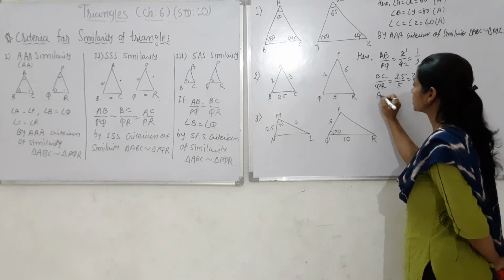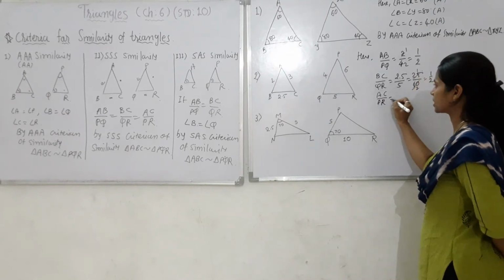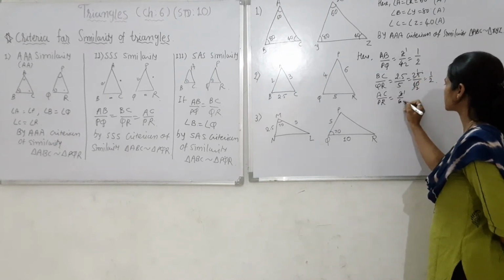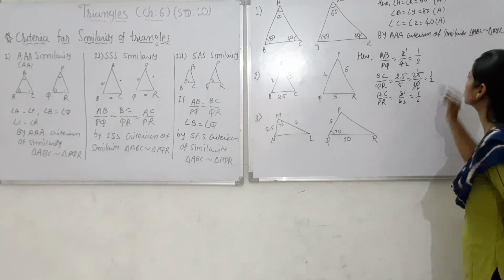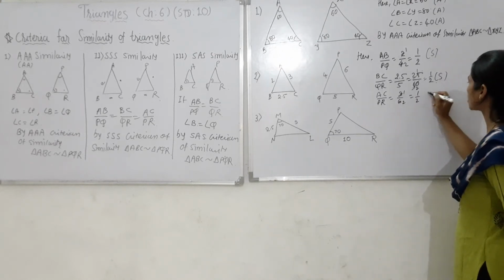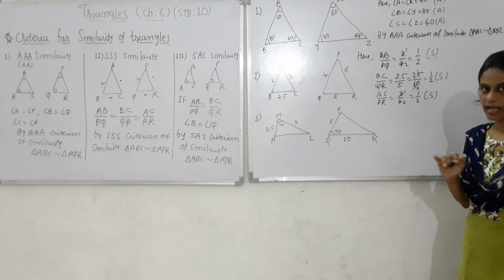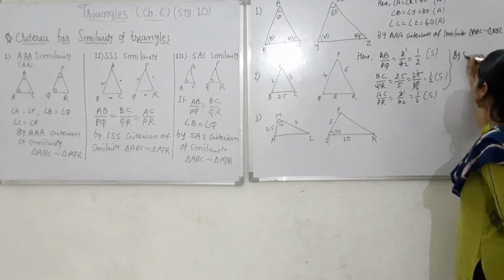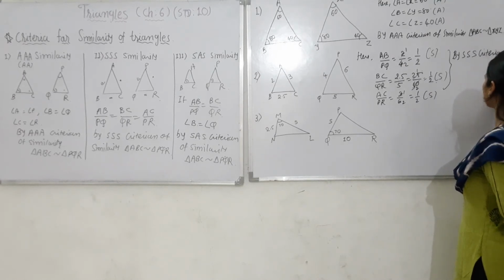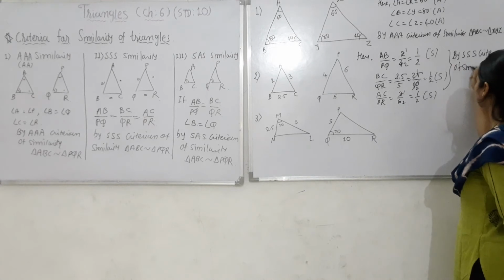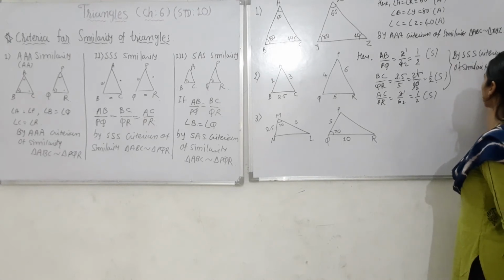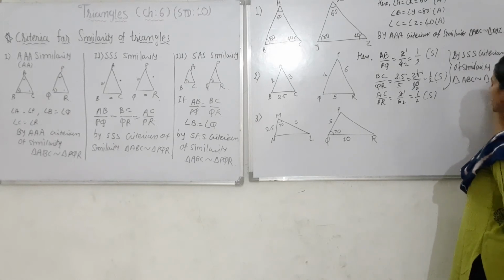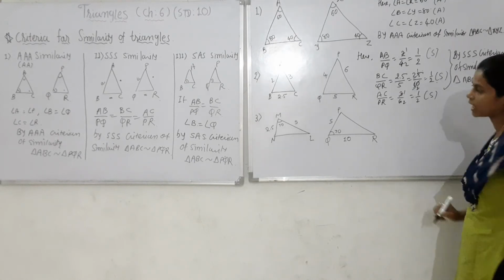In the same way AC upon PR is 3 upon 6, 3 1s are 3, 3 2s are 6. This is also 1 by 2. So all its corresponding side ratios are equal. That's why you can say by SSS criterion of similarity, triangle ABC is similar to triangle PQR.